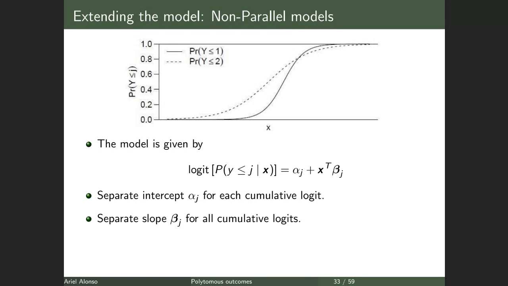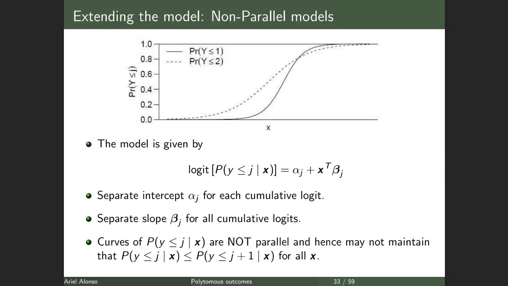This is a model that doesn't assume proportional odds, so the coefficients, the effect of the covariates, depend on J. You can try to fit that model. The problem with that model is that these curves over here are going to cross. They are not going to be parallel.